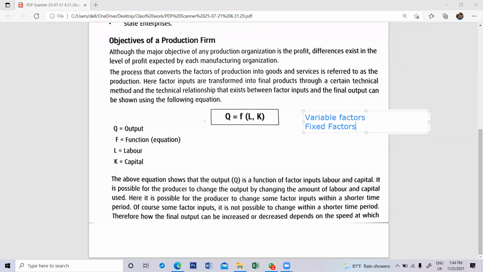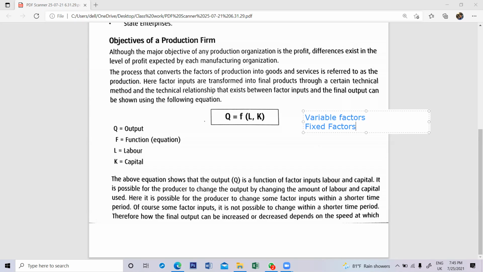In other words, when more and more variable resources are combined, of course, a larger quantity can be achieved. When there is no production, there is no need to use any variable factor. That's what variable factors do.